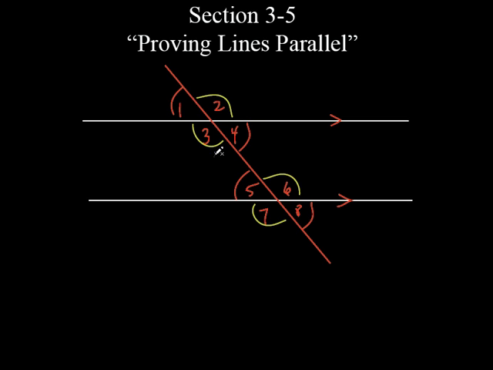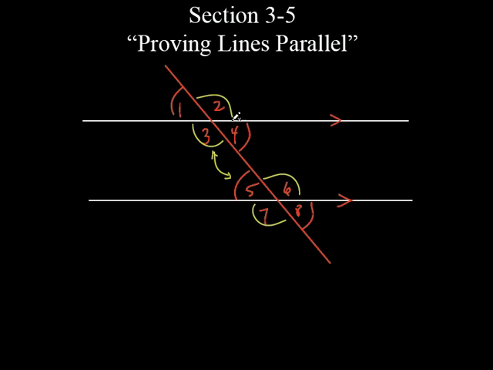And we also have this: 3 and 5. Now these, you'd think that everything was equal here, wouldn't you? But 3 and 5 are not equal to each other. They are supplementary, because the relationship between these angles is that they're consecutive interior angles. This is obtuse, this is acute, and an obtuse and an acute would be supplementary in this situation.